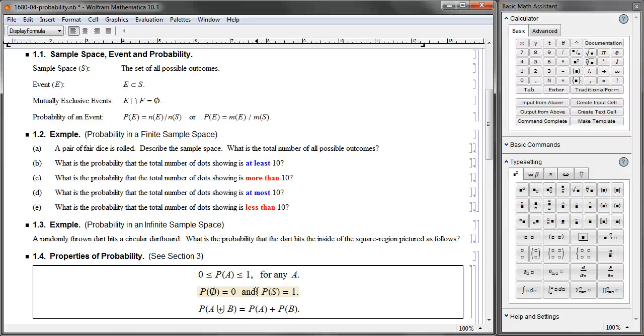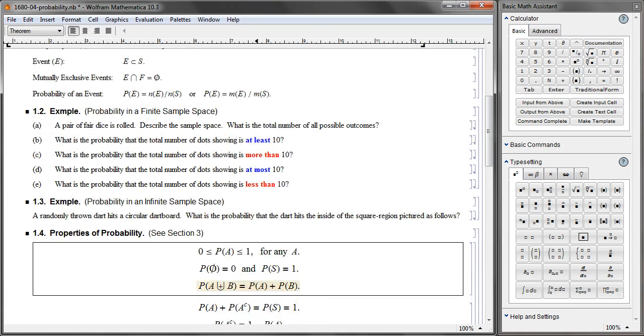That's of course 0. And probability of S is probability of something taking place when something has to take place. Of course, that's 1. Maybe that's overkill. The 0 to 100% argument will be perfectly fine.